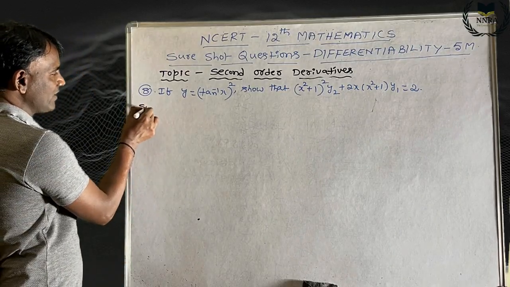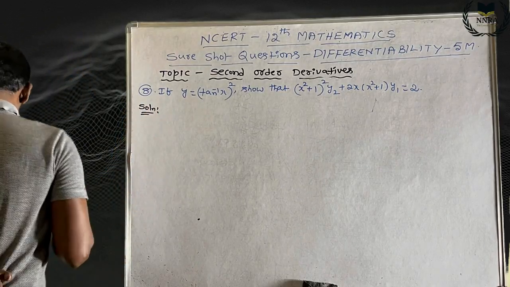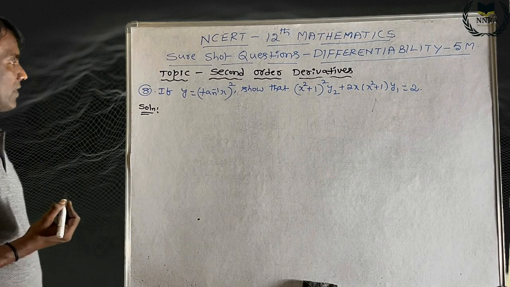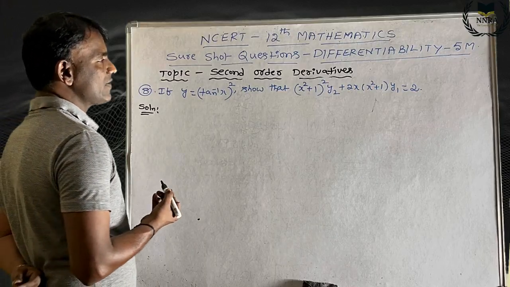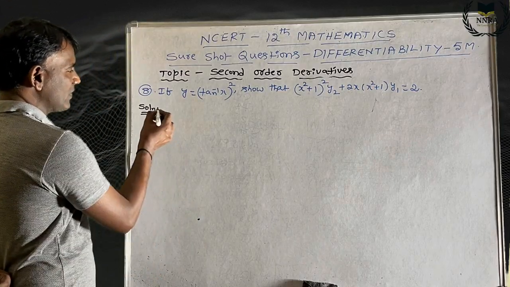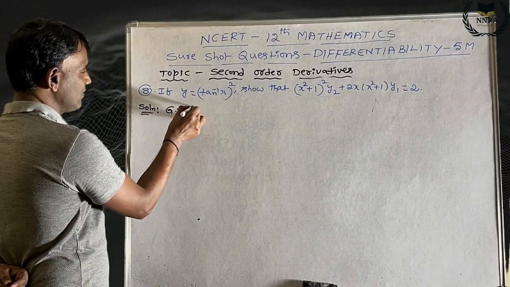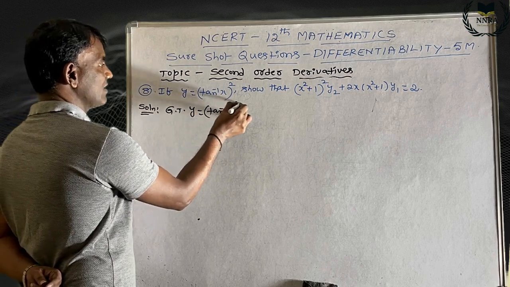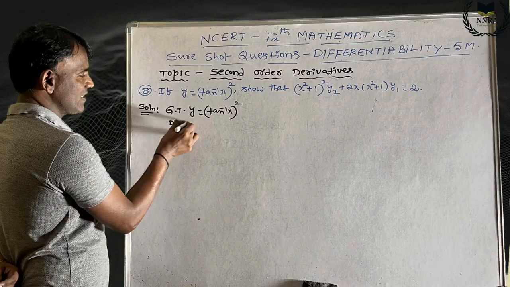See, what is the given value? Okay, now this is the last one. So what is the given value here? y equal to tan inverse x whole square, right? First step, what is that?